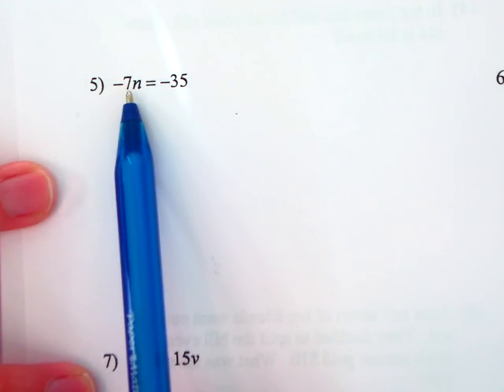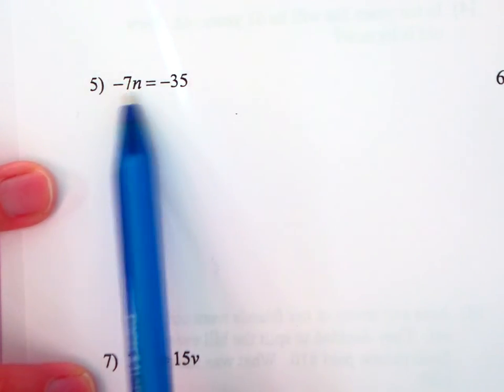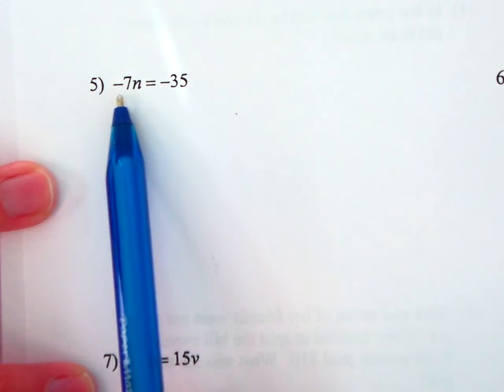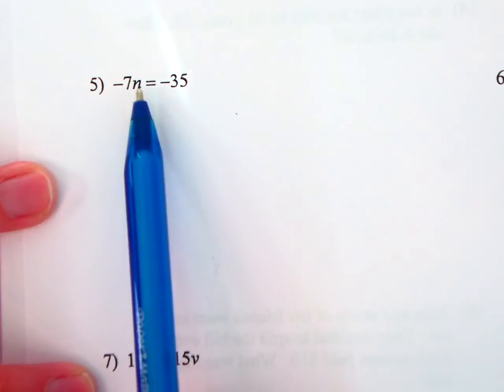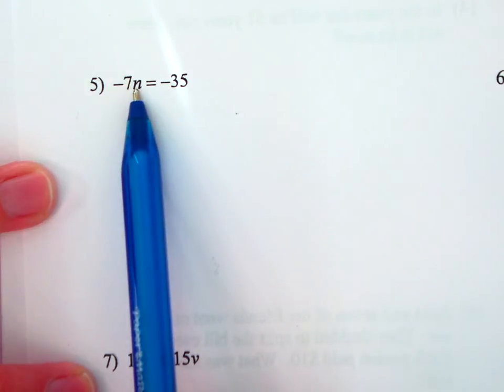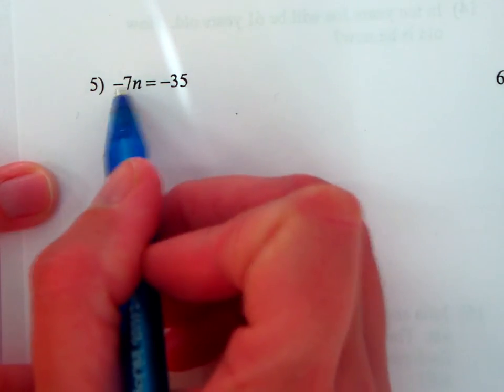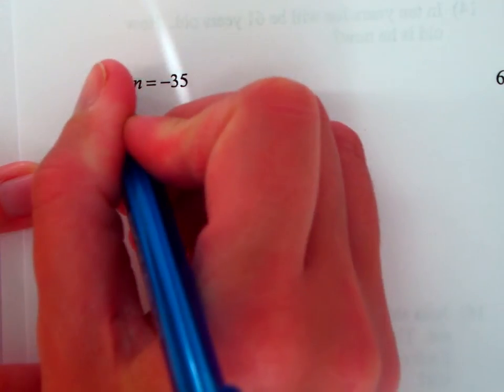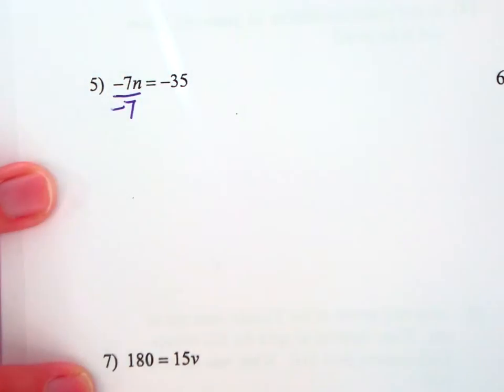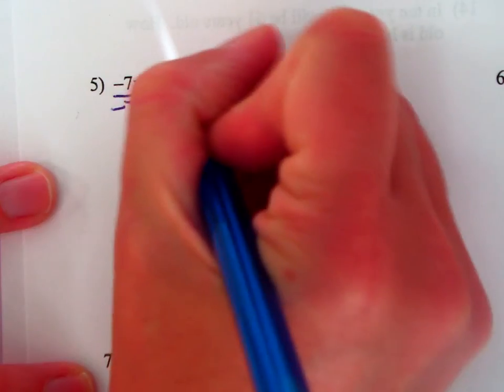We don't see the multiplication sign, but in algebra, when they're right next to each other, that is saying multiplication. So that's what's going on by the variable, and I want to undo the multiplication. So instead of multiplying by negative 7, I want to divide by negative 7. Whatever we do to one side, we have to do to the other side.